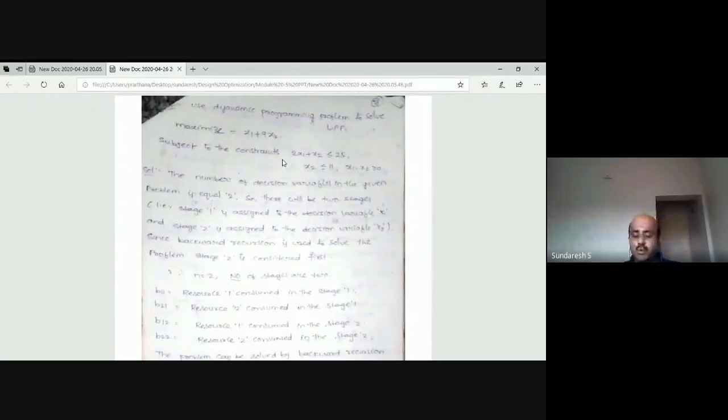First, you are supposed to check the decision variables in the objective function. There are only two decision variables, x1 and x2. Please write down: the first step is to note the number of decision variables, and based on that, decide how many stages you want.